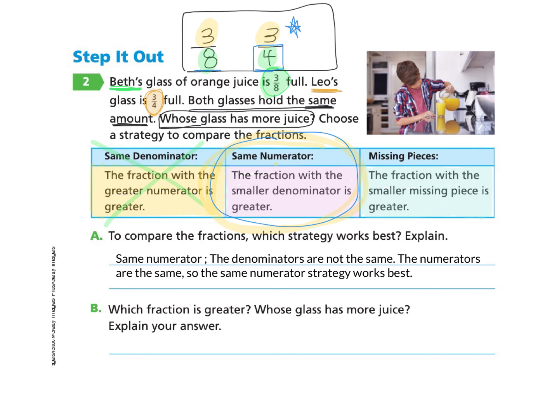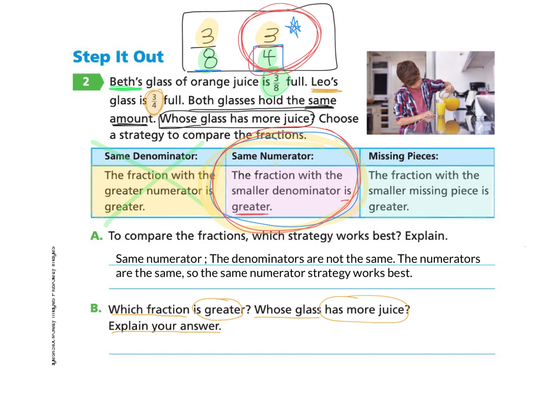Let's take a look at part B. Which fraction is greater? And whose glass has more juice? Explain your answer. We have already worked this through, knowing that 3/4 is the greater fraction because we used this strategy. When the fractions have the same numerator, which in this case is 3, then we take a look at the denominator. And the one with the smaller denominator is going to be the greater one.